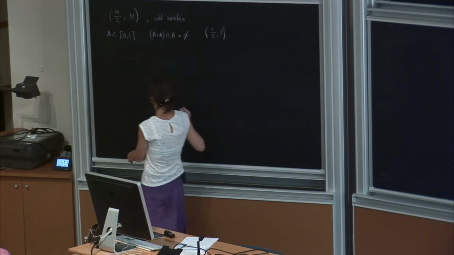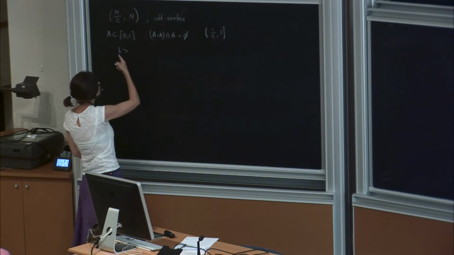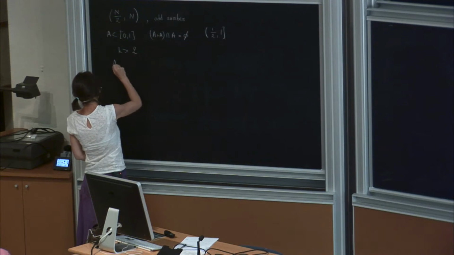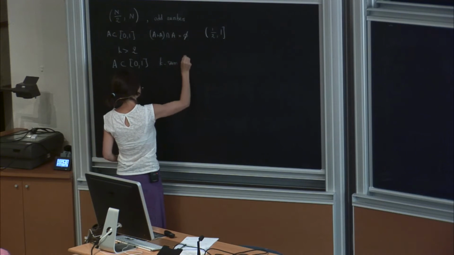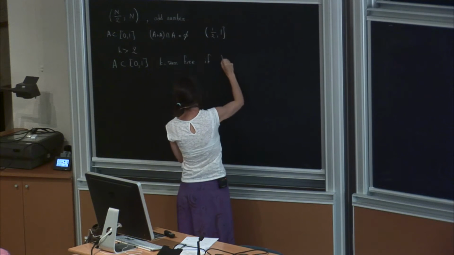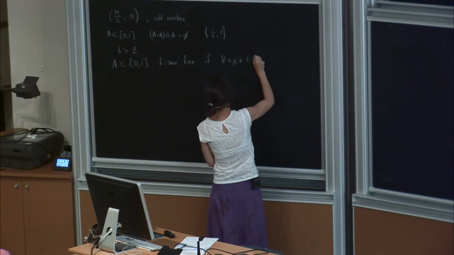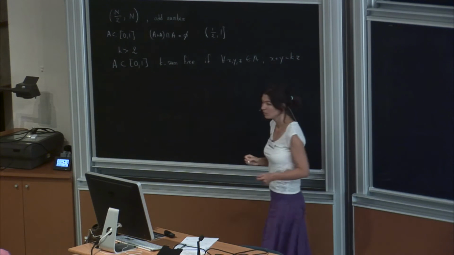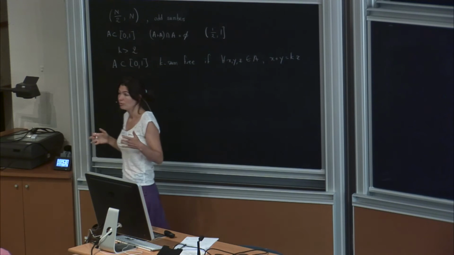So I will be interested in k-sum-free subsets, meaning that I will take k a real number larger than 2, and I will say that A included in [0,1] is k-sum-free if there is no solution of the equation x plus y equals kz in A. And I will look for the maximal size of such a set.